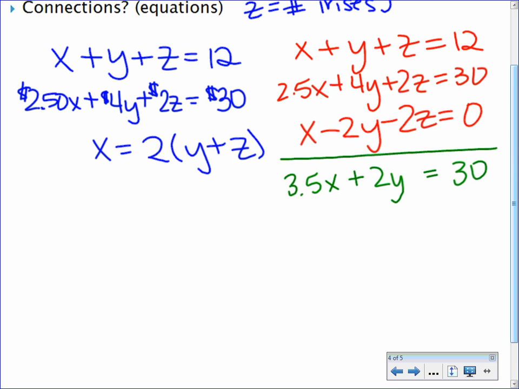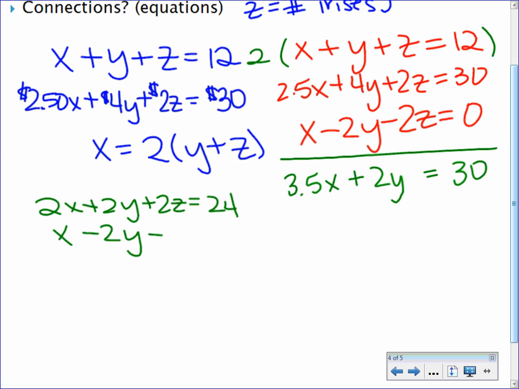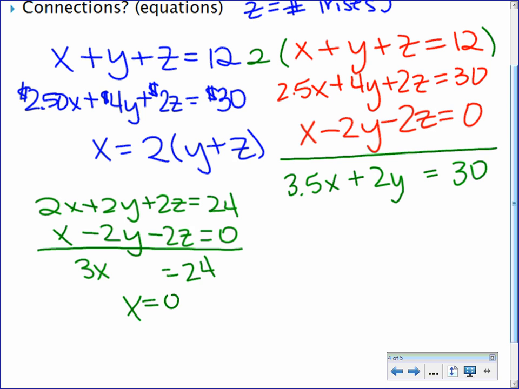Okay, in order to do that, we're going to have to multiply the first one by 2. So we have 2x plus 2y plus 2z equals 24. And then we're picking the bottom one: x minus 2y minus 2z equals 0. So we get 3x equals 24. Ah, this is nice. What's x? 8.